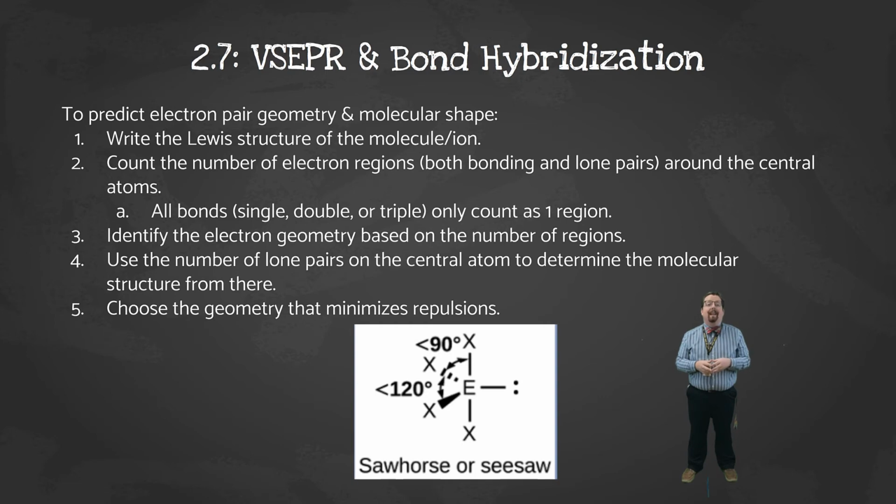When we place it on one of the equatorial positions, it's able to push the other 4 regions out, and then it's a little over 120 degrees from the other 2 equatorial positions, and just a little over 90 degrees from the 2 axial positions. This puts those bonding regions a little further away than when the lone pair was put in the axial position, minimizing the forces of repulsion.